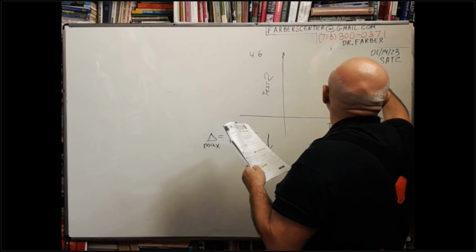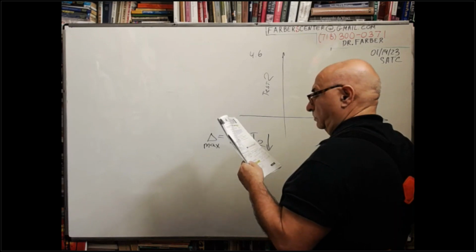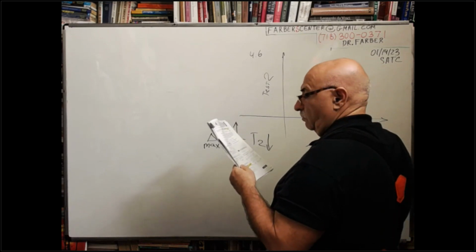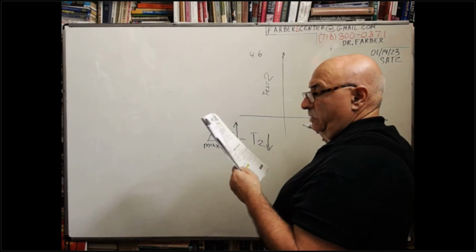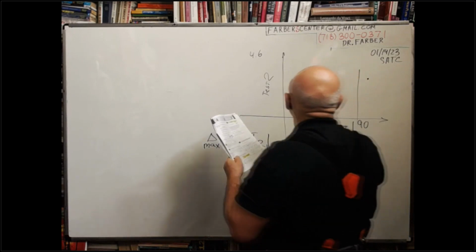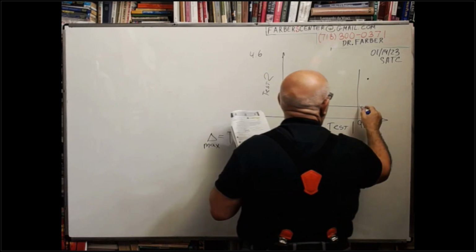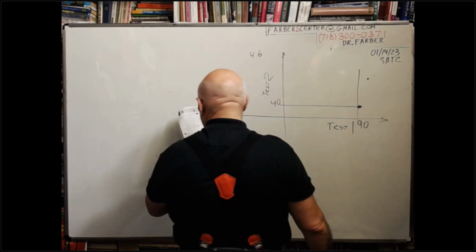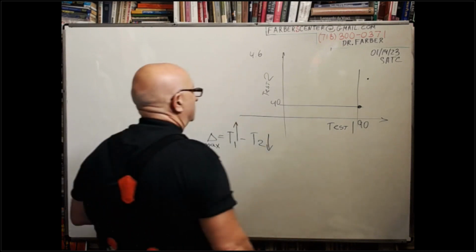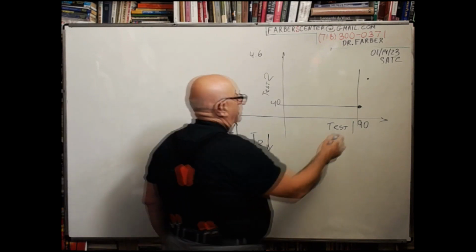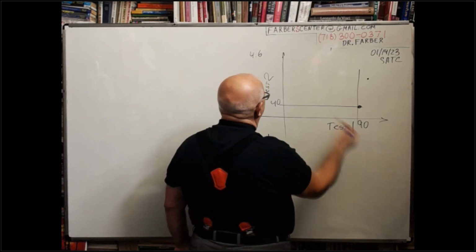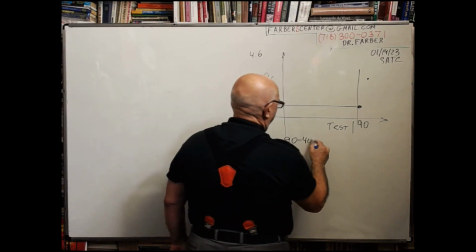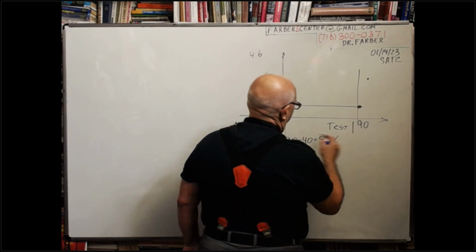If I choose this point, this is kind of 90, and this is 40. So for this point, T1 is the biggest and T2 is the smallest. So 90 minus 40, which is 50.